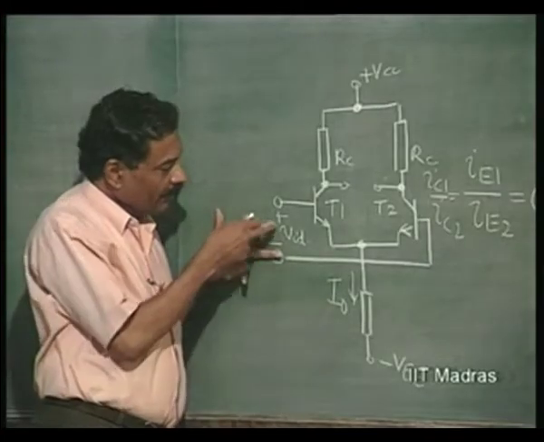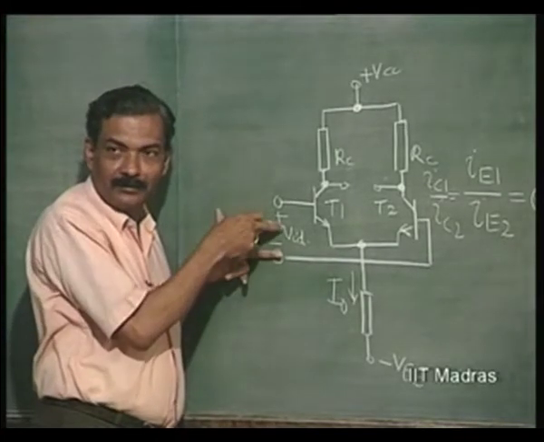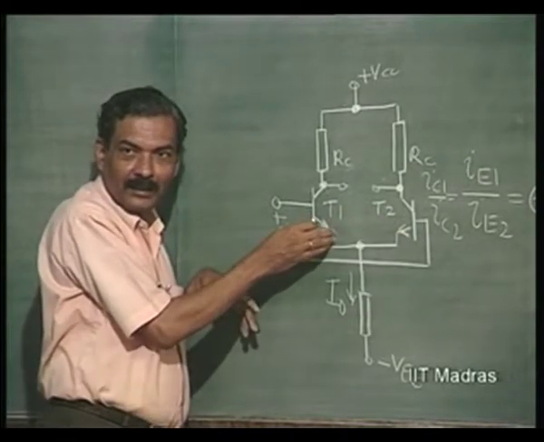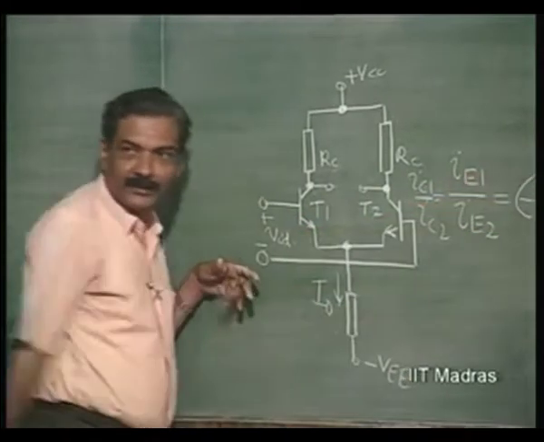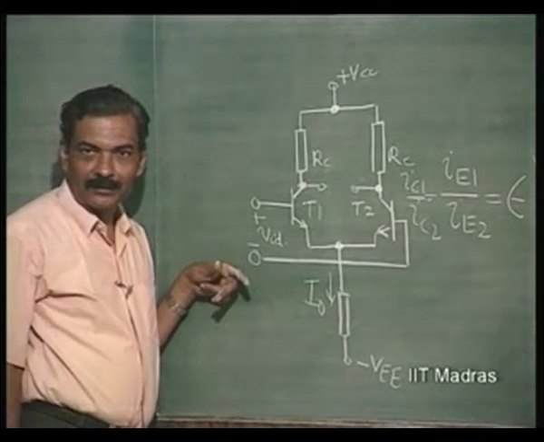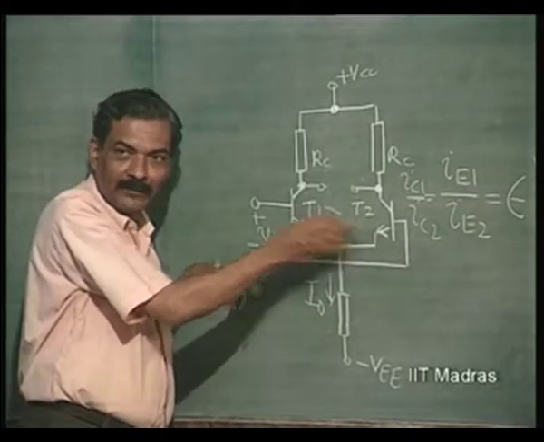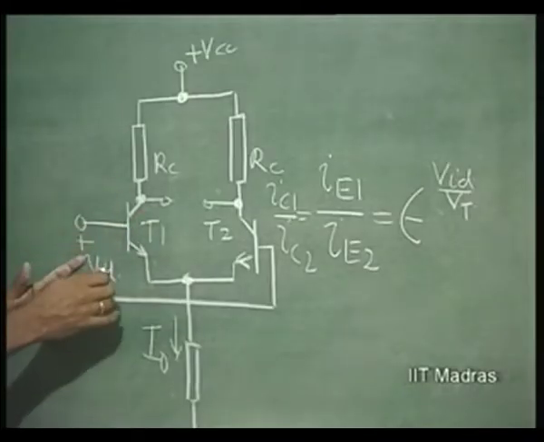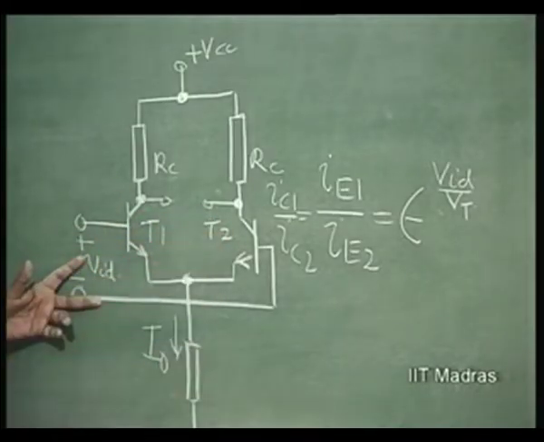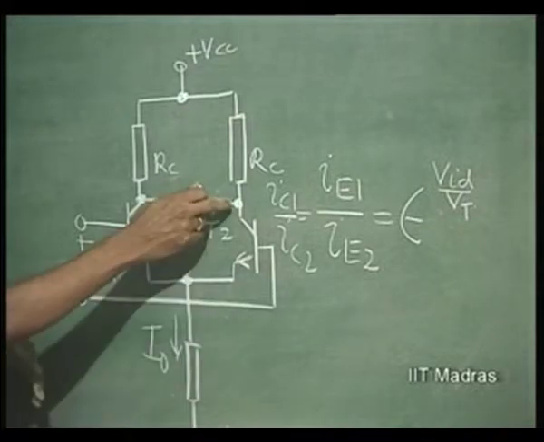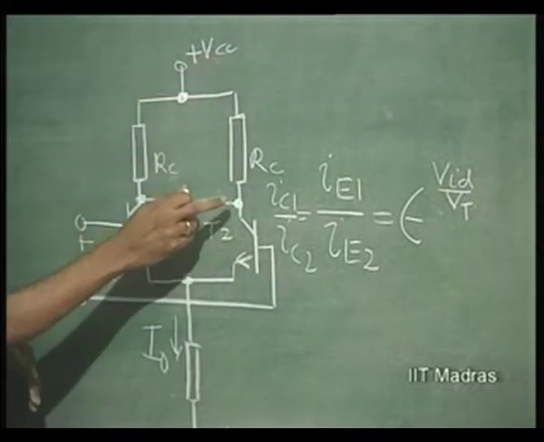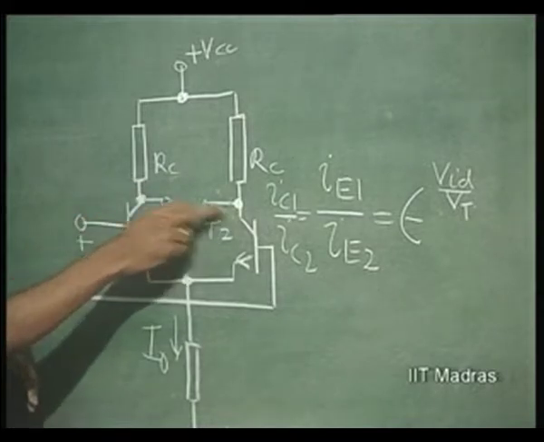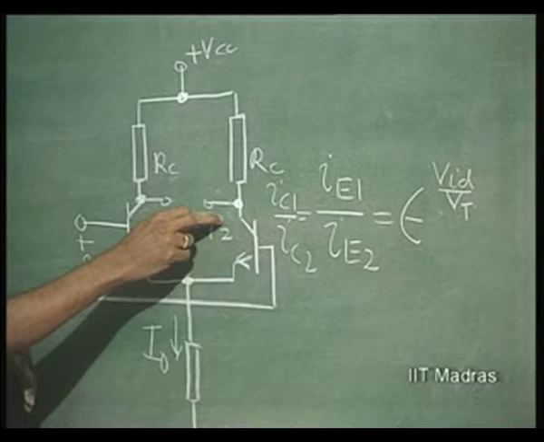Then I make VID negative, this current will increase, this current will decrease as determined by this ratio. This will keep on increasing if I make it more and more negative, and ultimately T1 will go to off state and T2 will take the complete current, and this voltage will be VCC minus I naught RC, and this will be VCC, and V naught will be I naught RC.